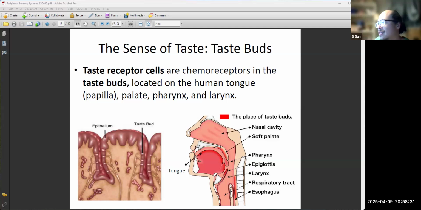This is called the esophagus right here, foodway. So you can pick up all these tastes from food by these taste buds. And then the nerve will transduce the signal into your brain through the cranial nerve. So that's that. So let's move on to the lab.